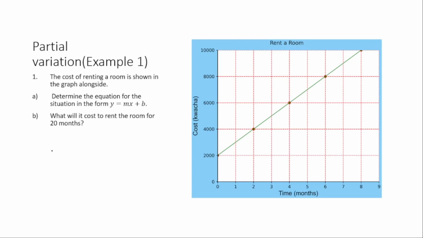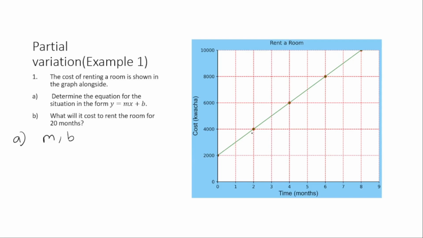This is the general form. We need to find an equation for this situation. So the first thing we need to do is find what m and b are. For the m part, like I said, it is the gradient of this straight line that you're seeing here. So we need to pick 2 points on the line.